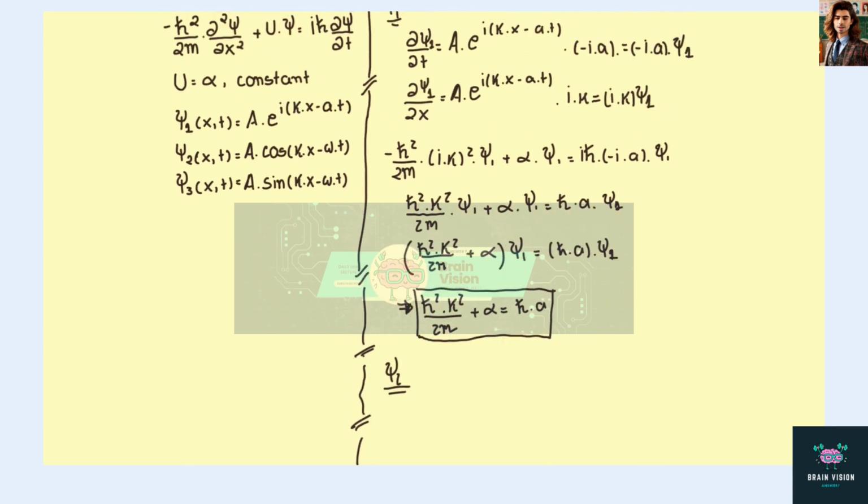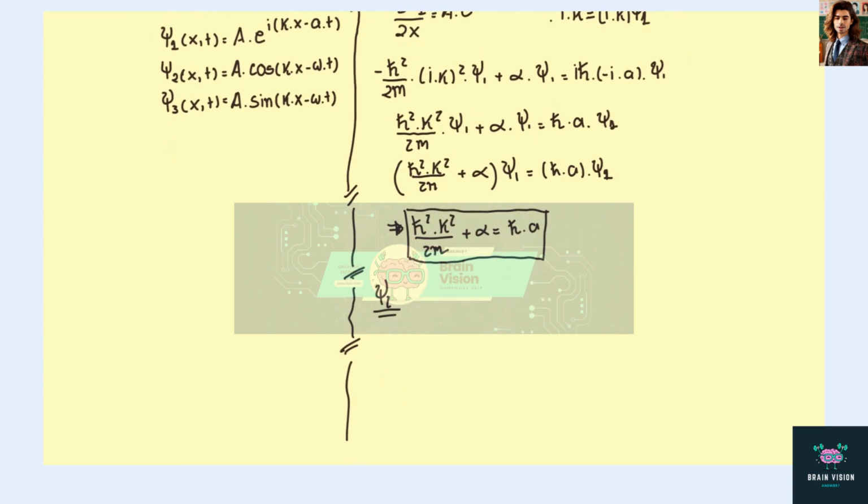For psi 2, the time derivative is given by the following. d psi 2 dt is equal to a times the derivative of the cosine. The derivative of the cosine is minus sine of k times x minus omega times t. Now we have to multiply it by the derivative of the argument of that cosine with respect to t.